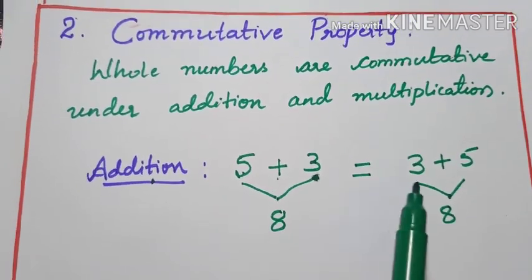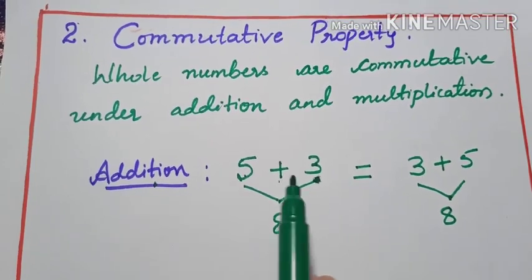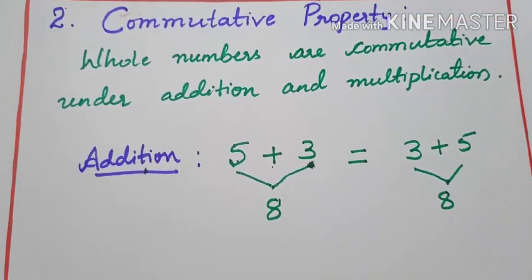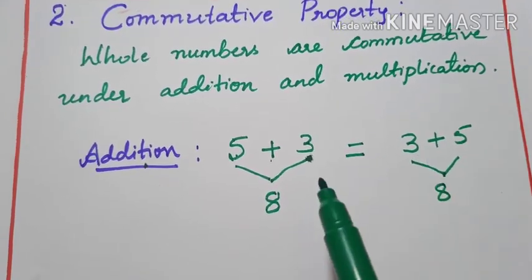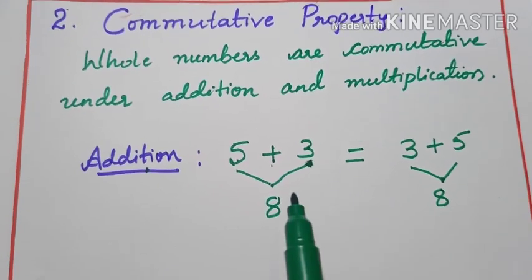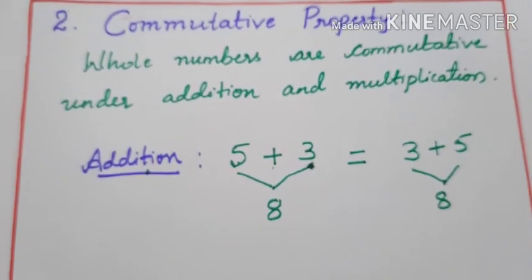So this is the commutative property of addition. So when you add two or more whole numbers in any order, you will get the same answer, and that answer belongs to whole numbers. So that is the commutative property.